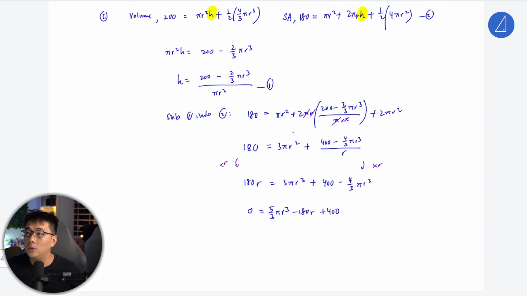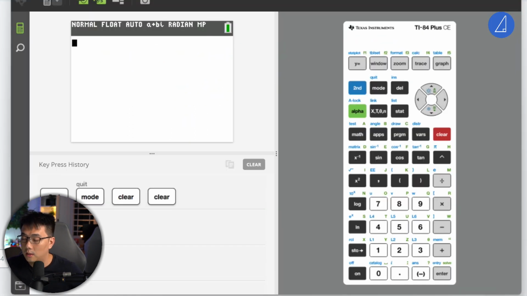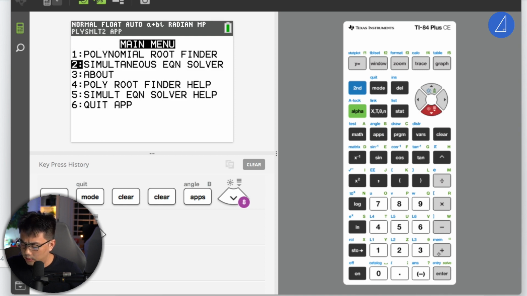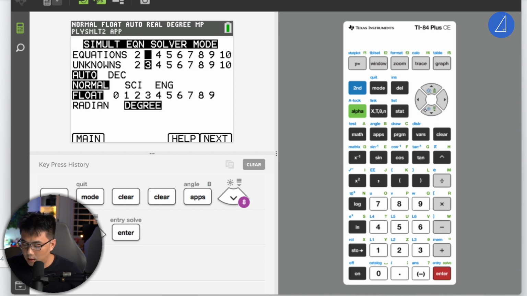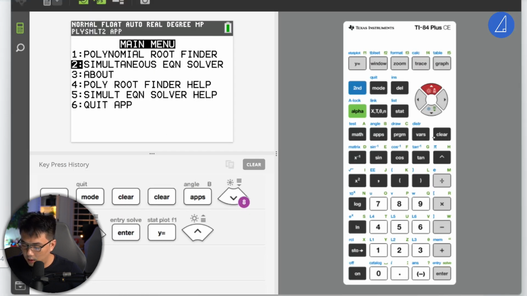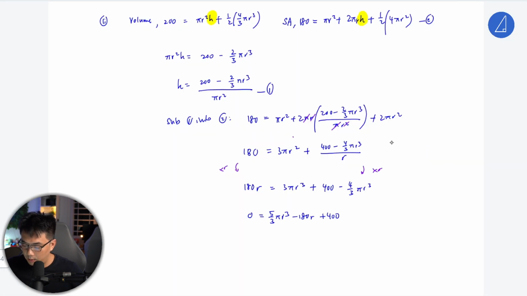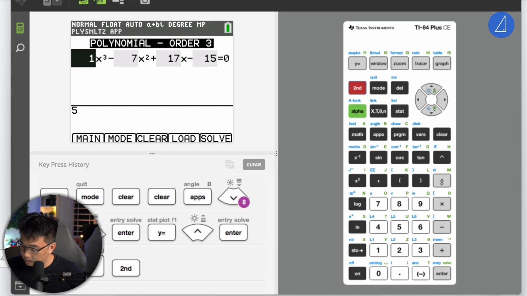So from here, what I need to do is just key in the GC. So go to apps and simultaneous equation solver. Sorry, it's not simultaneous. It's polynomial root finder. 3. Then we just key in 5 pi over 3 for the x cubed coefficient.